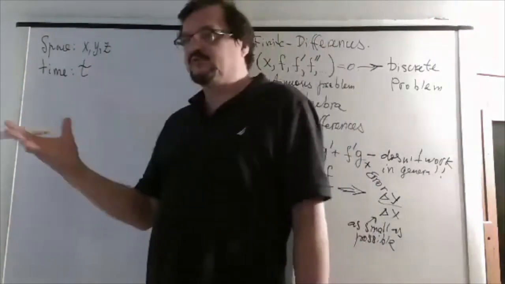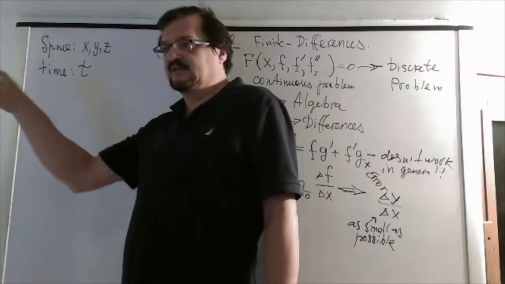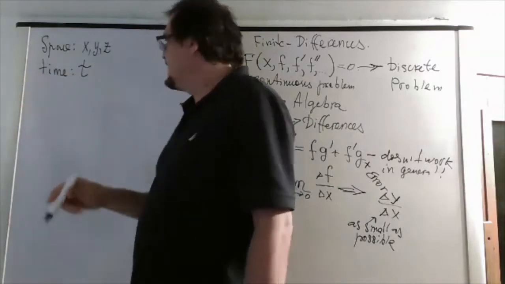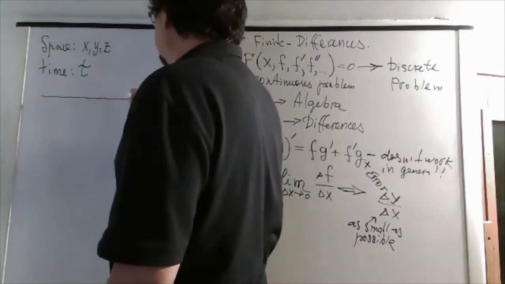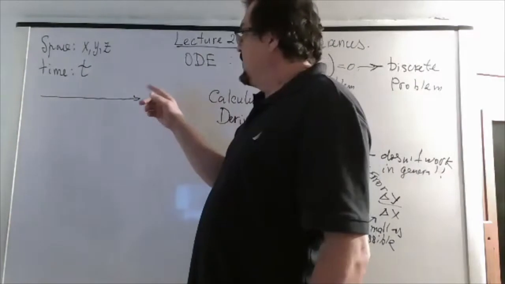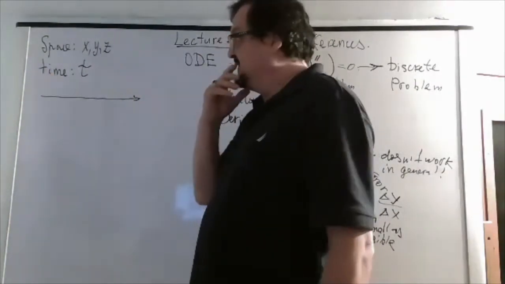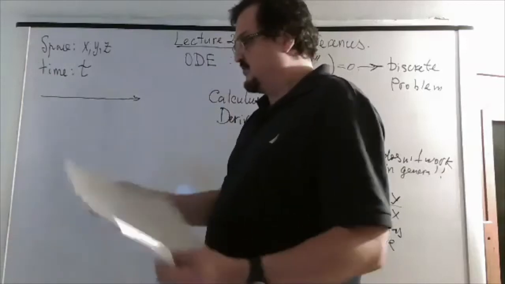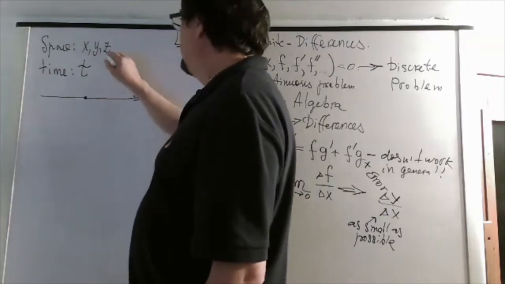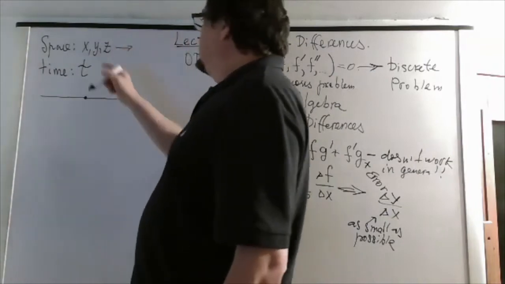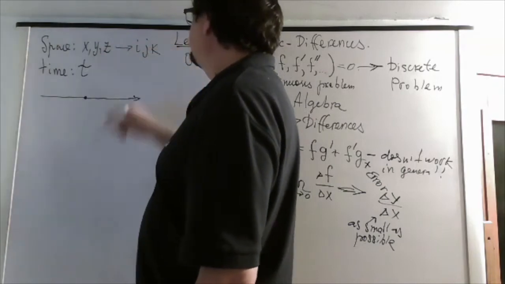Now, because our space is not continuous, we represent our function only at some discrete points. So we use an index to count those points. When you program it, you need some array, and the index helps to keep track of those elements. So we use indices for space: I or J or K.